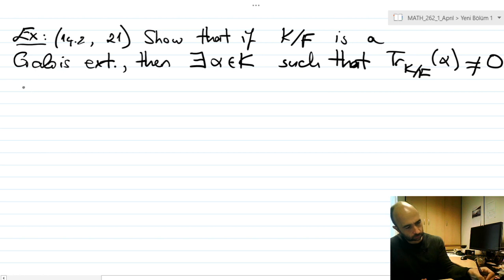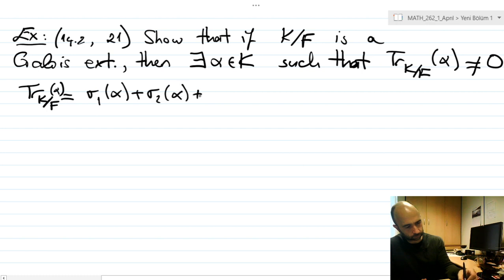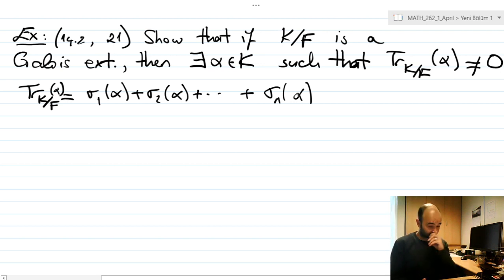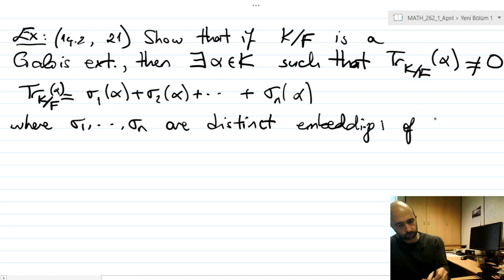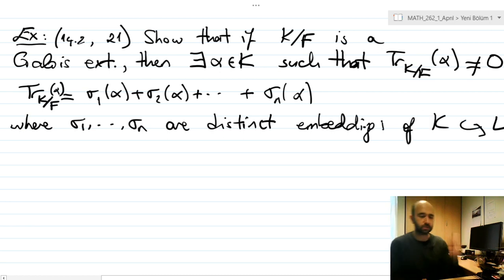Well, by definition, this trace of alpha would be the sum sigma 1 alpha up to sigma n alpha, where these sigma i's are the distinct embeddings of K into L, say this Galois extension that we talked about.